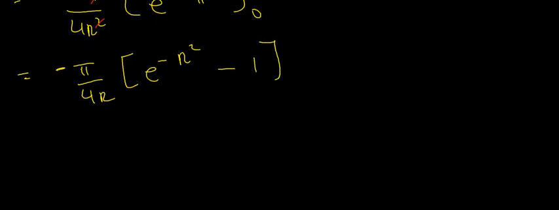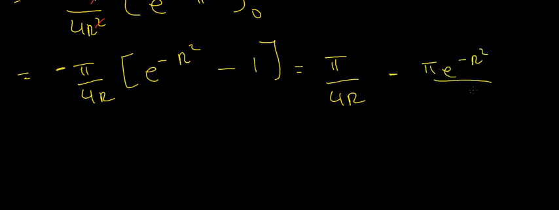If I distribute the negative signs, I get pi over 4r minus pi e to the minus r squared divided by 4r.